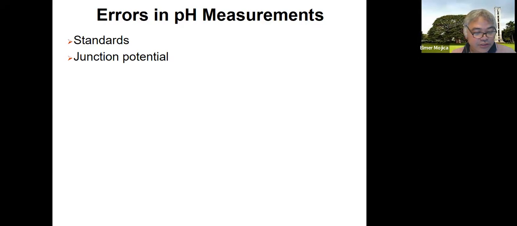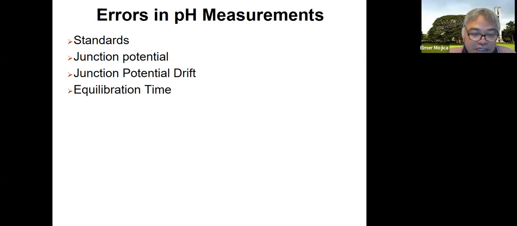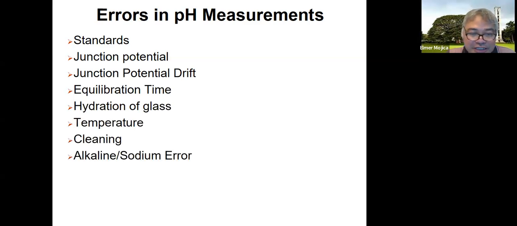If you look at the errors they have, some of them are standards, junction potential, junction potential drift, equilibration time, hydration of glass, temperature, cleaning, alkaline or sodium error, and the acid error. And you may ask yourself, how are these conditions affecting the error that you have?